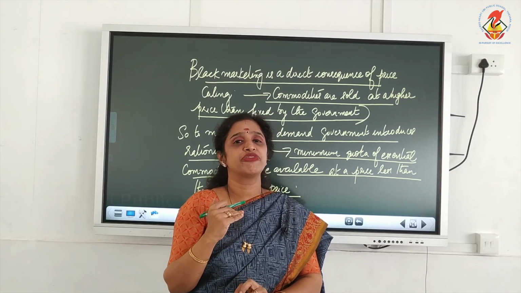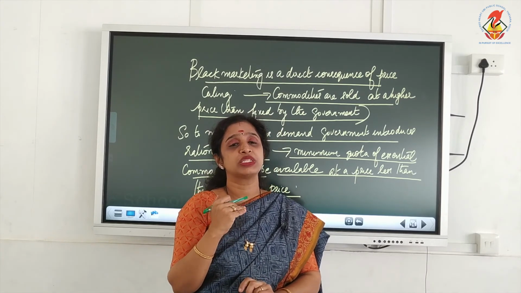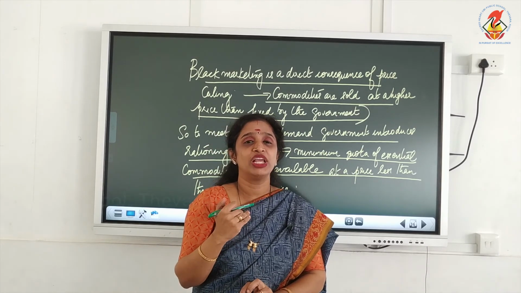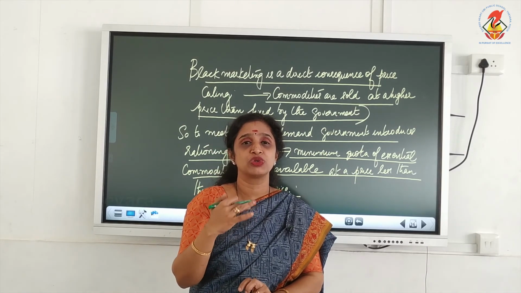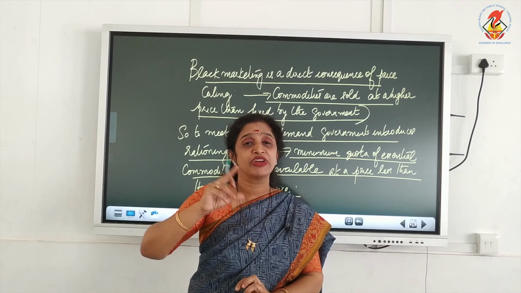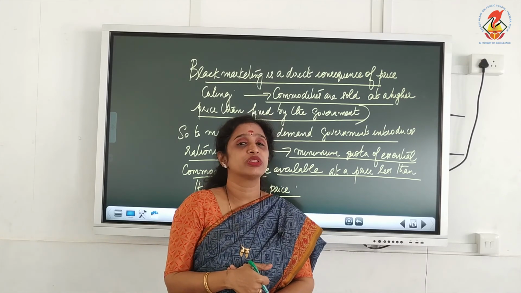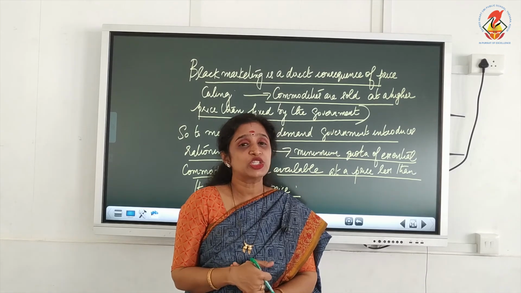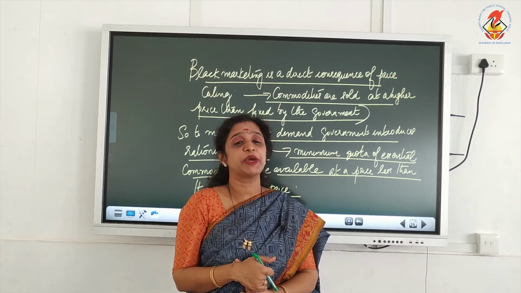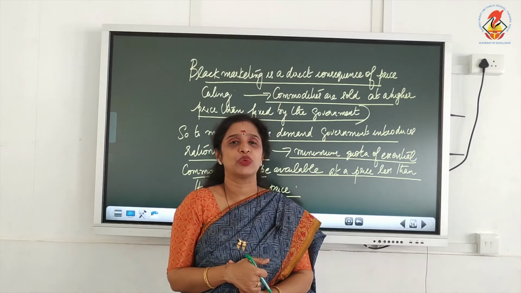If 1 kg of rice costs 38 or 40 rupees outside, it will cost only 10 rupees or 5 rupees or 2 rupees according to the different types of ration cards available for the consumers. So, that is what the government does. The government is fixing a price which is lesser than the equilibrium price.